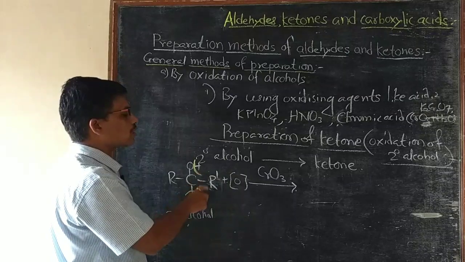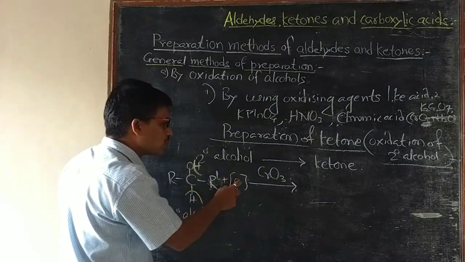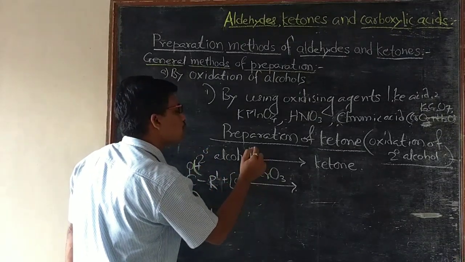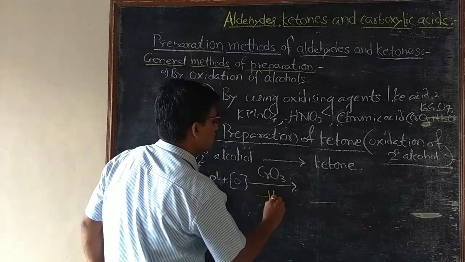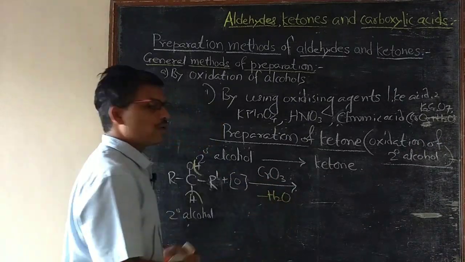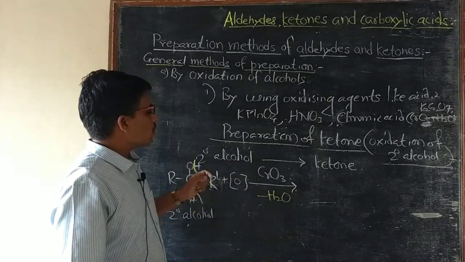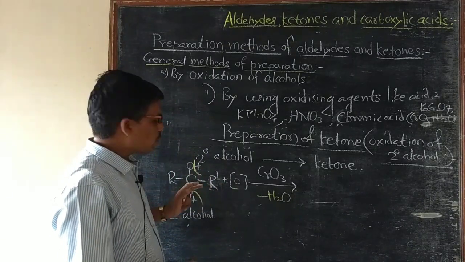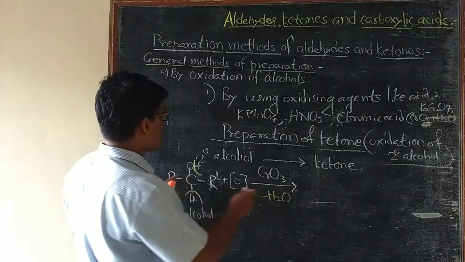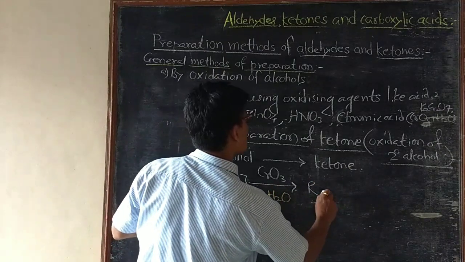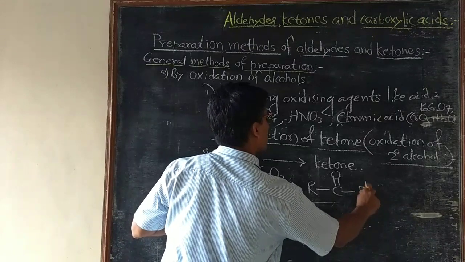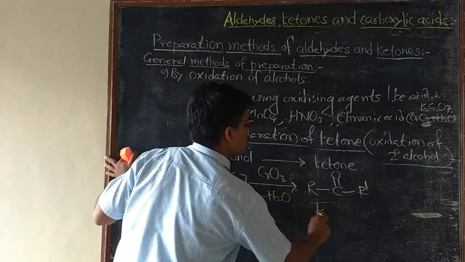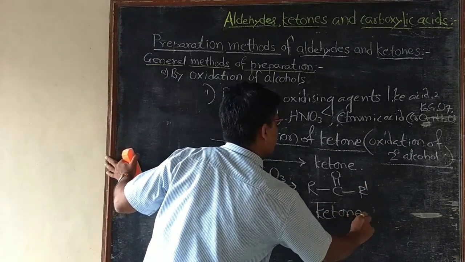These two hydrogens combine with nascent oxygen given by this oxidizing agent to form a water molecule, and what we are left with is our desired product, that is ketone. This is R C double bond O and R prime, that is ketone.